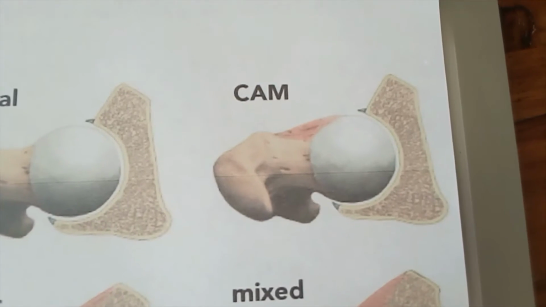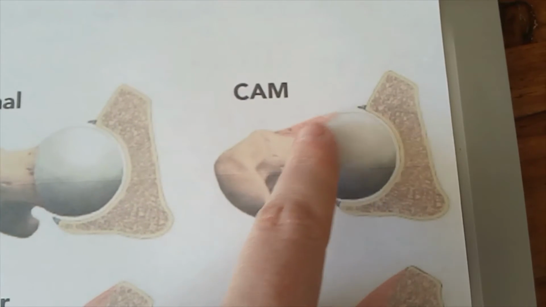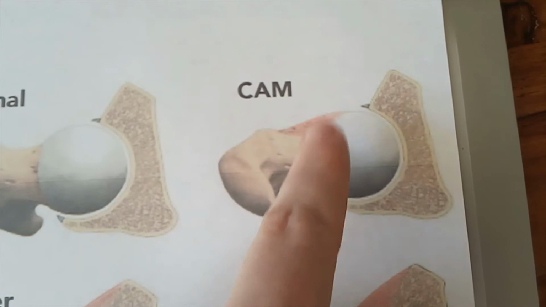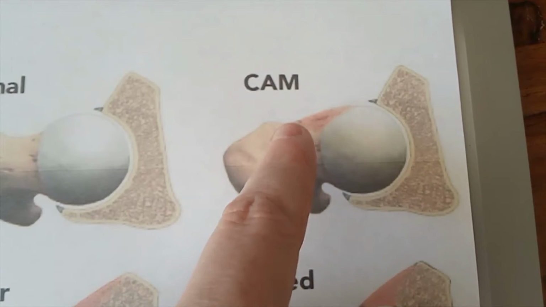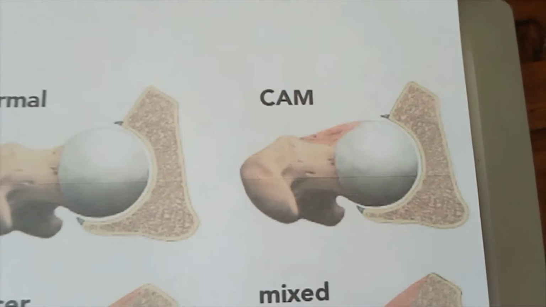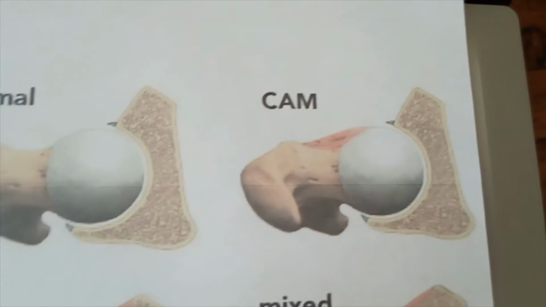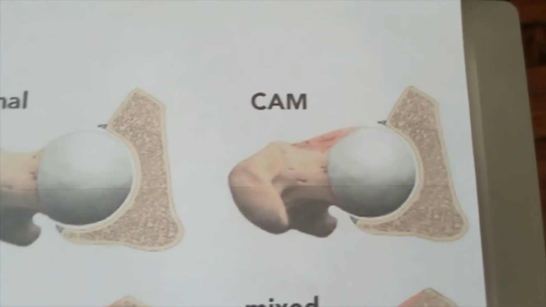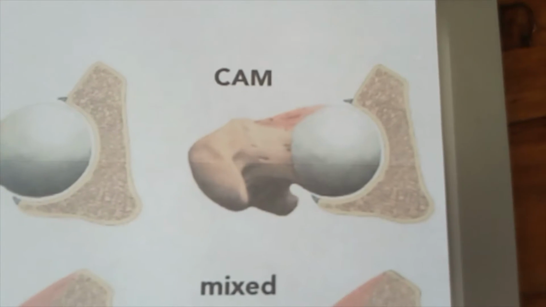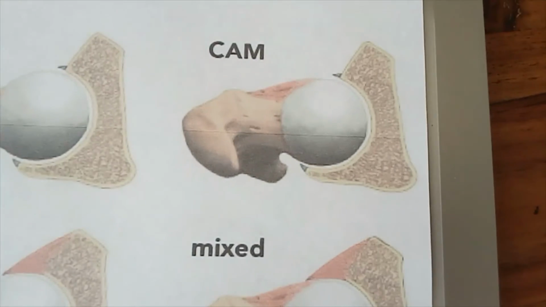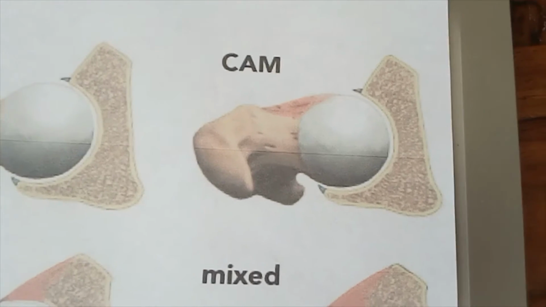And this is where a bone spur will develop on the upper edge of this femoral head, which is known as a cam deformity, and it basically grinds the cartilage when the joint moves. And this type of impingement is actually linked to the development of osteoarthritis, and certainly osteoarthritis in younger adults.